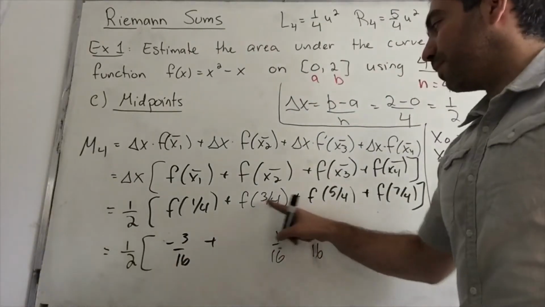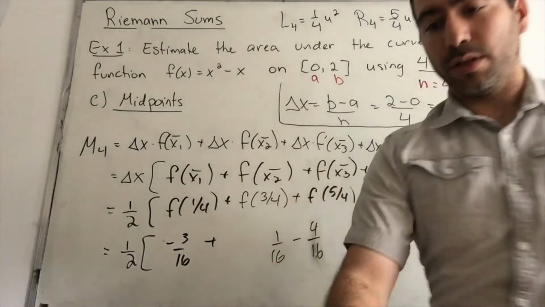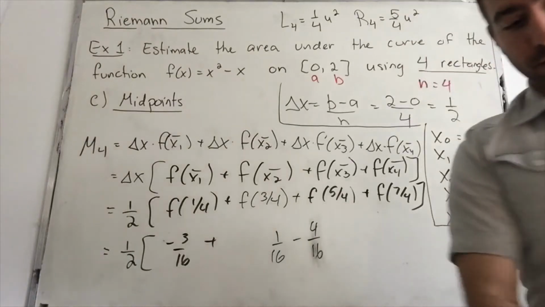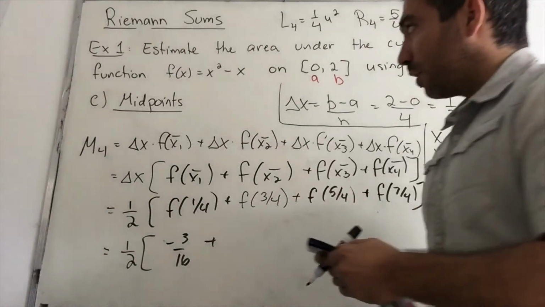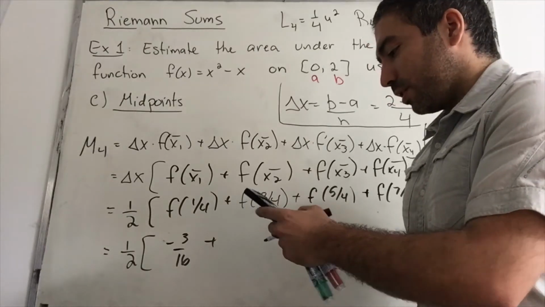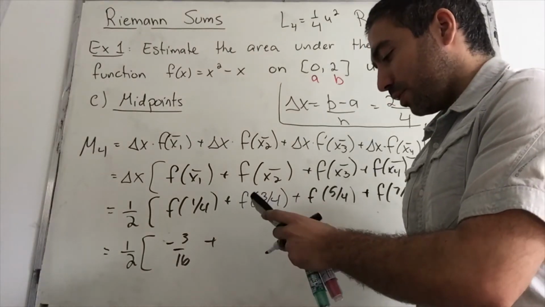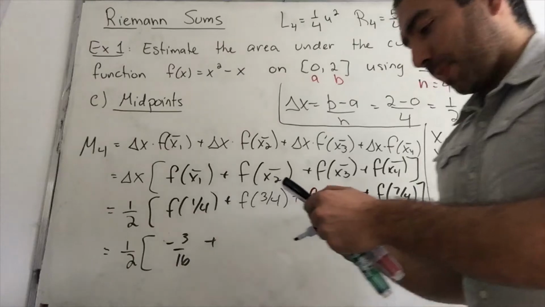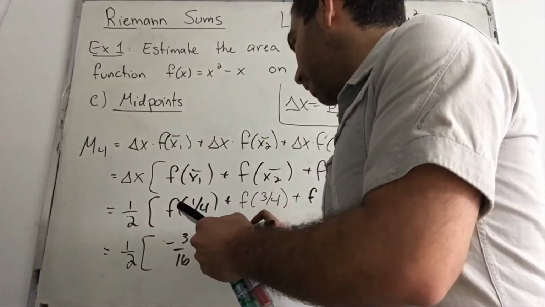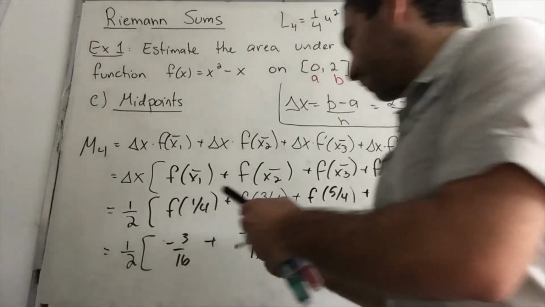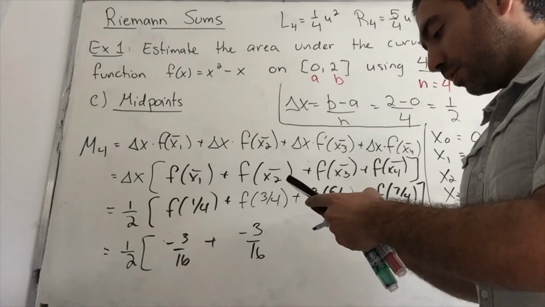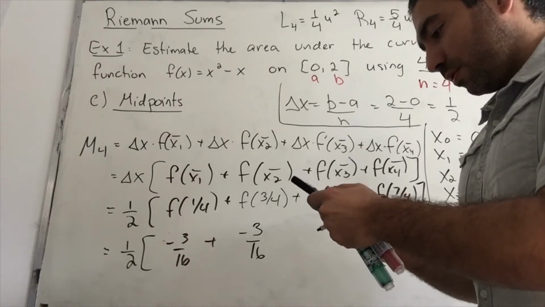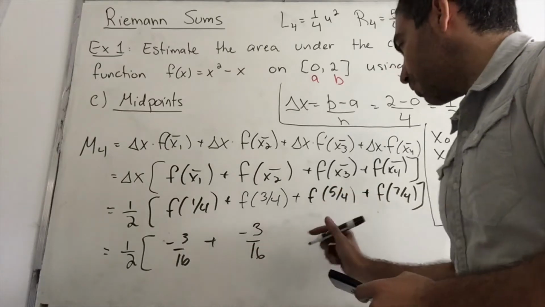For the next one, substituting 3 quarters into our formula, let me just use a calculator for convenience, so as not to make silly mistakes. 3/4 squared minus 3/4, I get again minus 3 on 16. Let me just double check a quarter. Yeah, that's minus 3 over 16 as well.